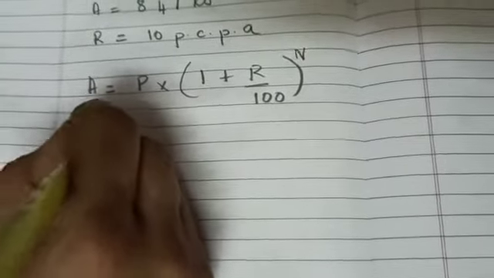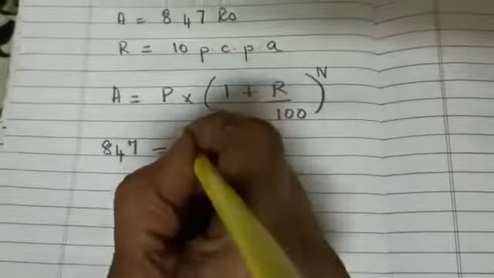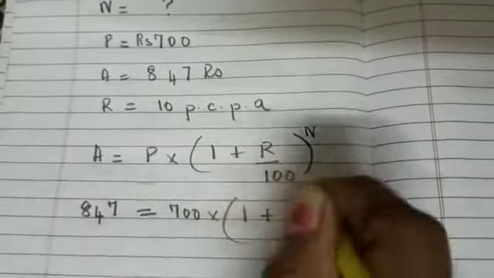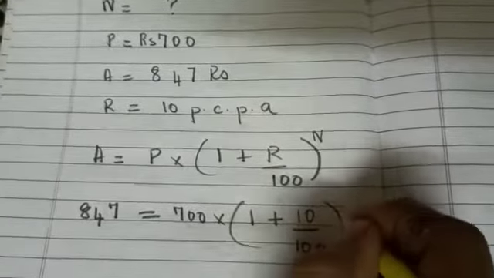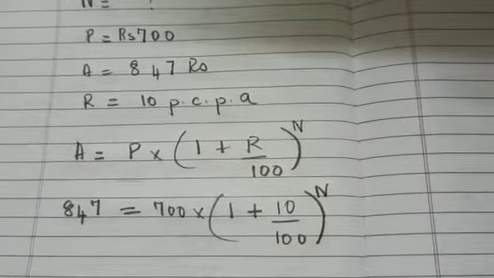Let's substitute. A is equal to 847 is equal to P, which is 700, into 1 plus R, which is 10 upon 100, the whole raised to the power of, we have to find out the number of years, so we put n over here.